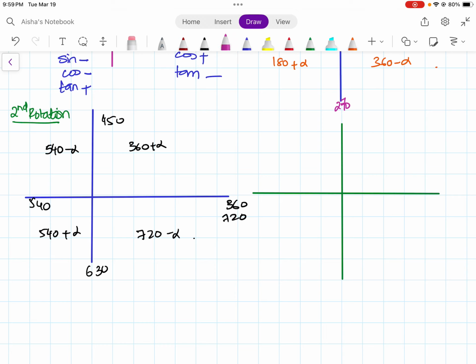Now, if you talk about the negative rotation, negative rotation is minus 360, minus 270, minus 180, minus 90, and then 0 degrees. The formulas are minus alpha, minus 180 plus alpha.